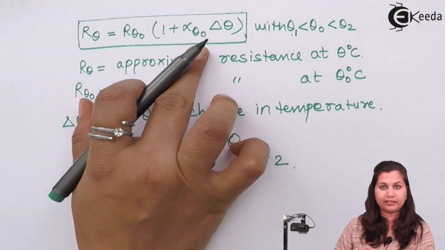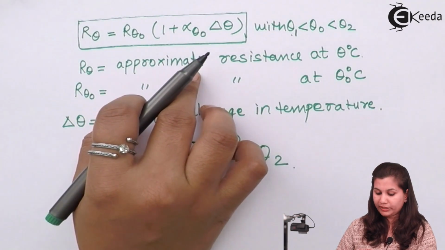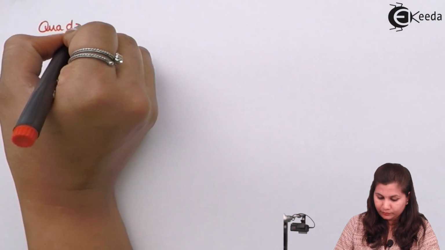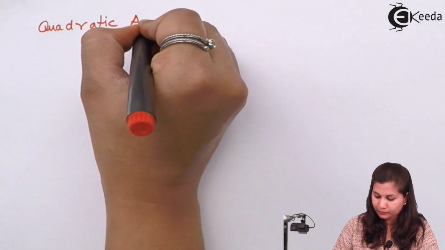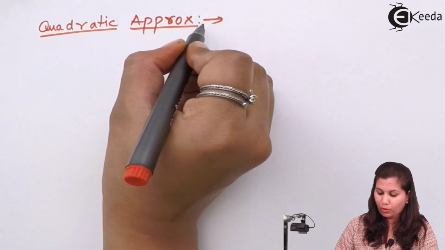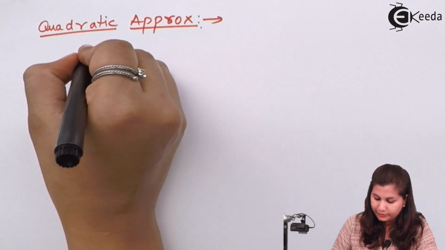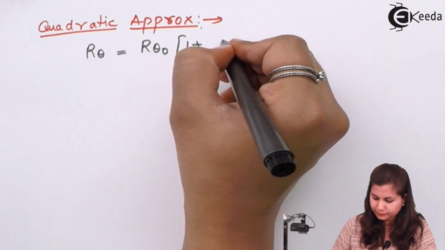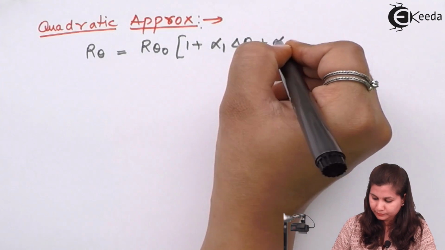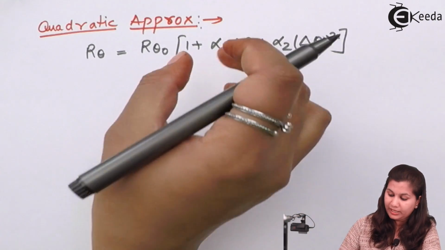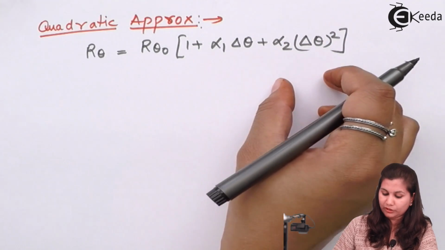Because here we have a linear relationship, in quadratic approximation we will have a quadratic relationship between the resistance and temperature. So in quadratic approximation, r theta... here you can see that we have the linear part and we also have the quadratic part.